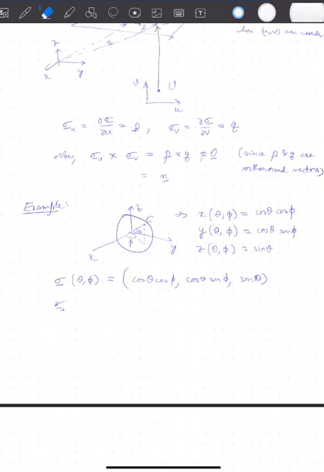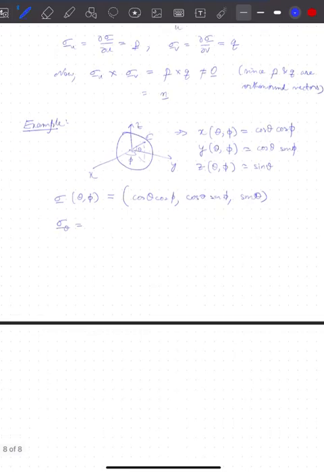Now taking sigma vector u, in this case it is sigma vector theta, so that is the placeholder for u and v, right? So u is equal to theta and v is equal to phi.